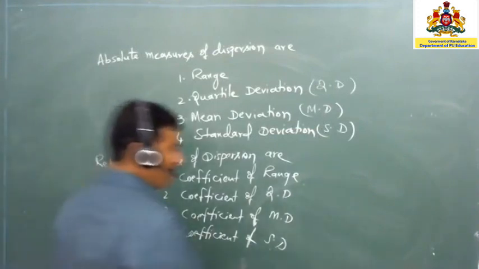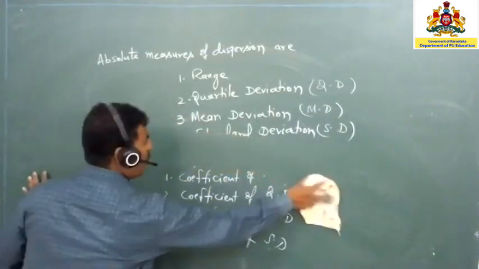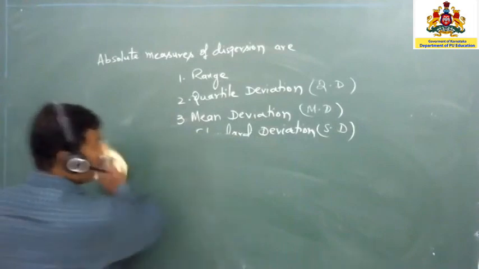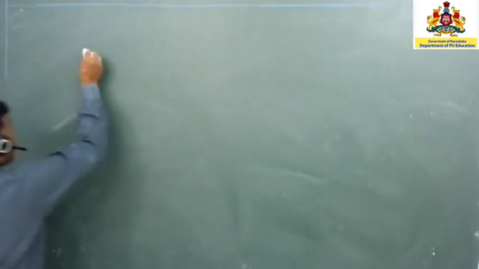These are the measures. Now I'll explain the first measure, range. The first measure of dispersion is range.